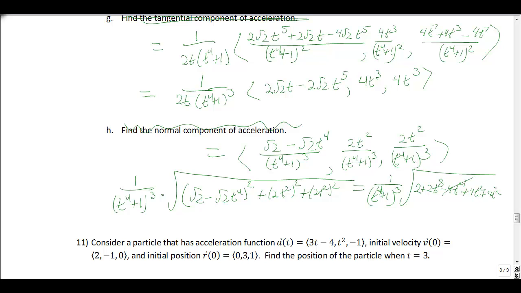I wrote t squared, I meant t to the 4th. So I can cancel out one of these 4t to the 4th.